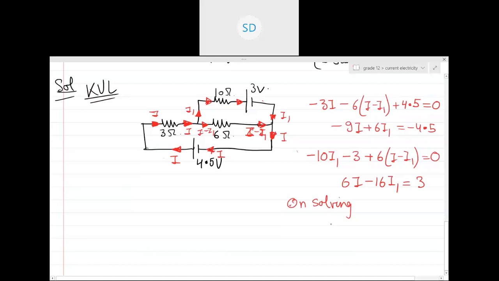So when you solve it from here, I will be 0.5, I1 will be in this case, so from here I minus I1 will be... So see, what is the current through the 10 ohm resistor?